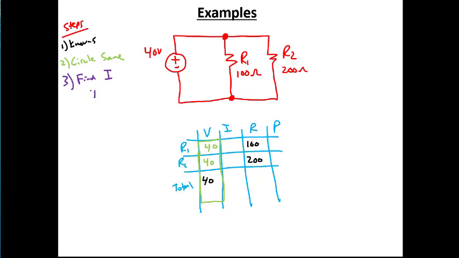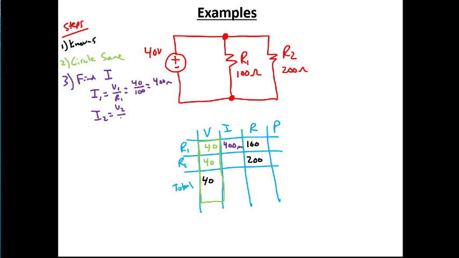So we'll start off with I1, which is going to be V1 divided by R1. So we have 40 divided by 100. So that's going to equal, let me do that on my calculator. 40 divided by 100, and that's going to be 400 milli. So I'll put that in here, 400 milli.